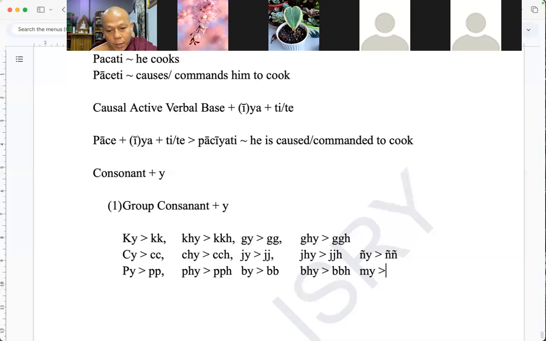Ma ya becomes ma ma in this way. So these three groups, the ka group, the ja group, and the pa group, are very simple.